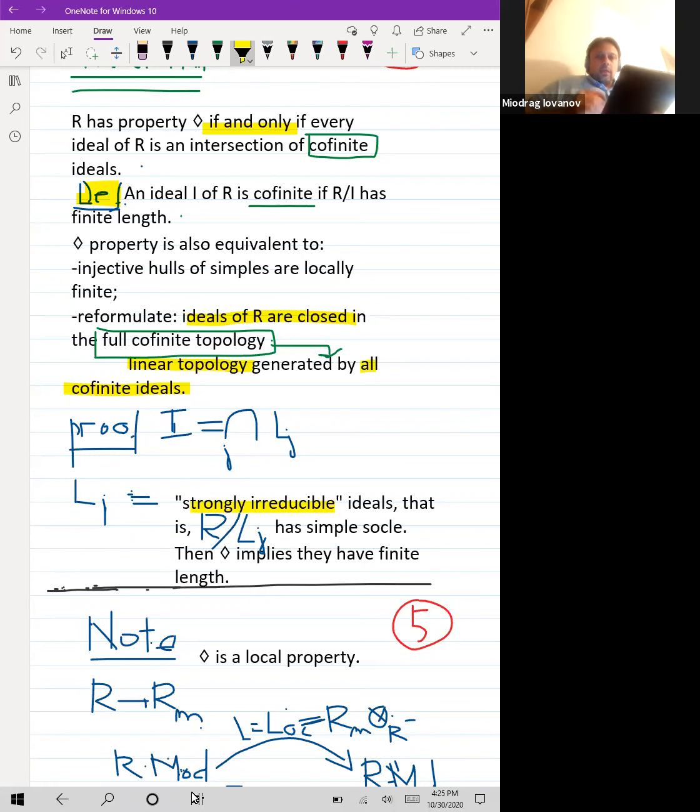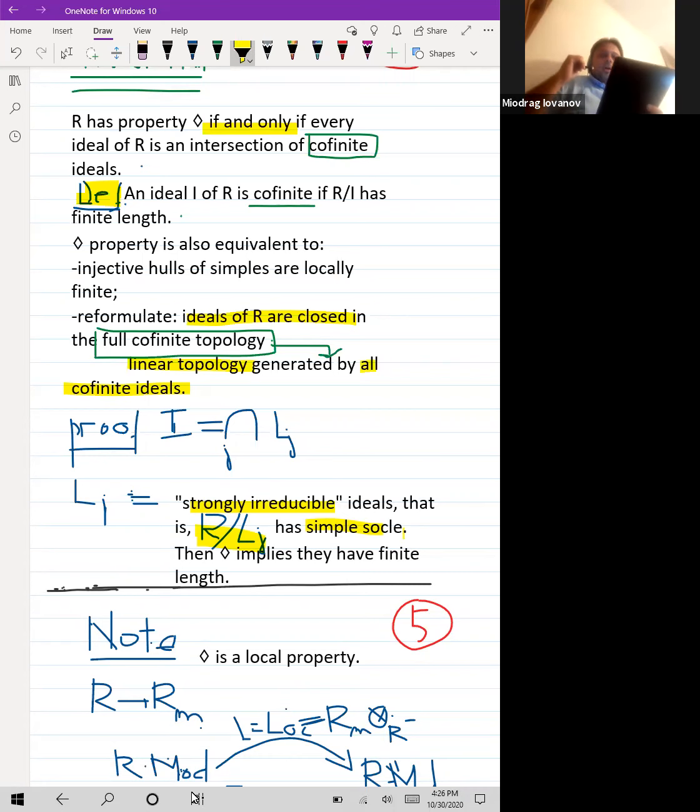It's an ideal which is not only irreducible in the sense that you cannot write it as an intersection of two larger ideals, but more than that, you ask that the quotient R mod the ideal has simple socle. That means that you have this ideal L, and there is a unique minimal ideal that sits over it, and then everything else is possible on top of that.